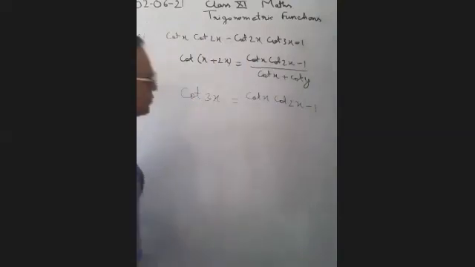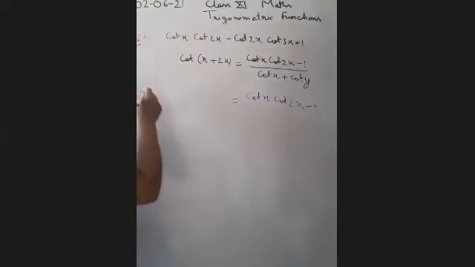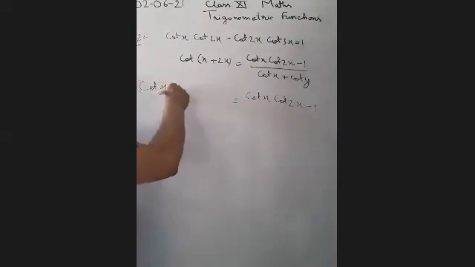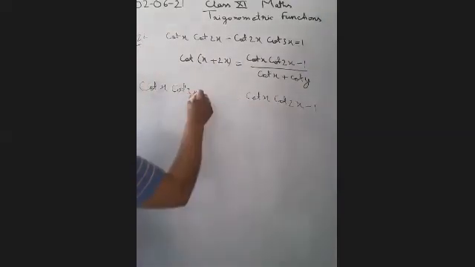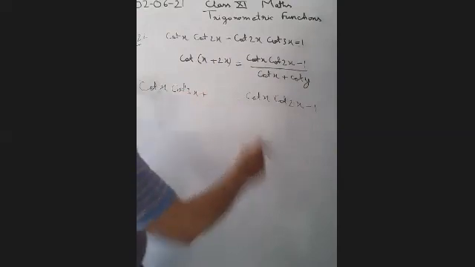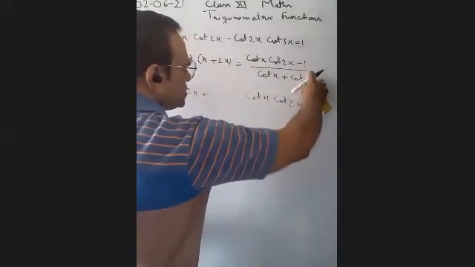If we multiply, what will we get? We will get cot x cot 3x plus, in place of y, we have 2x.